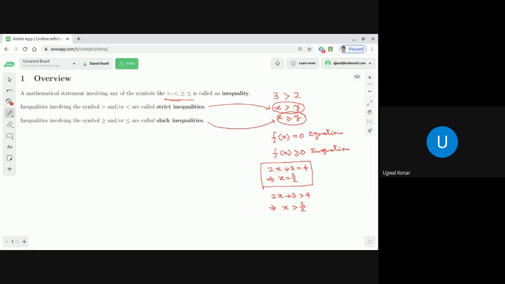It means any number just more than half and going towards infinity. If you recall the representation of a point on a number line from your 9th or 10th standard mathematics, suppose this is origin 0, this is 1, this is 2, and so on. It goes on in this manner up to infinity.